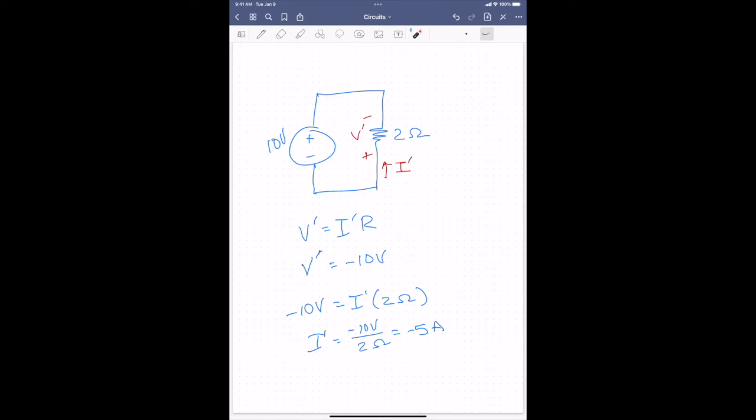When you have a negative value, all that means is that the direction you assumed was wrong. Now, this does not matter at all. In fact, it lets us be free of trying to figure out the direction of the current and the direction of the voltage. By doing this, we just have a negative current if we pick the wrong direction, and everything will work out in the end.